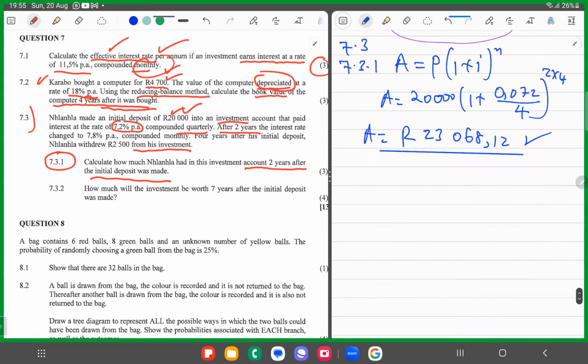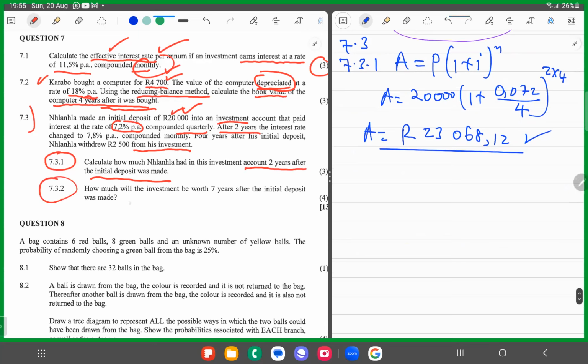Now in 7.3.2, how much will the investment be worth 7 years after the initial deposit was made? So let's look at 7.3.2. How much will this investment be worth 7 years after the initial deposit was made?